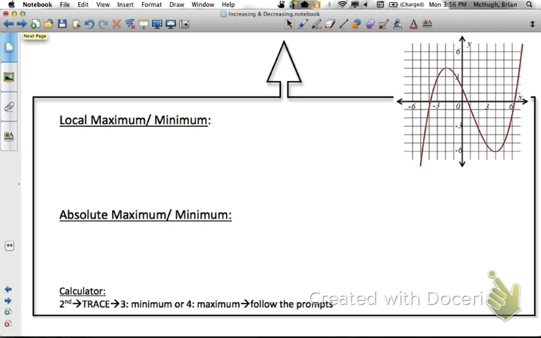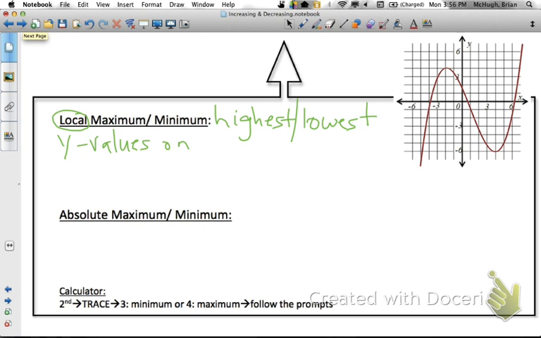When we think about the difference between local and absolute, local is going to be the highest for a maximum or the lowest for a minimum y value on a small interval.